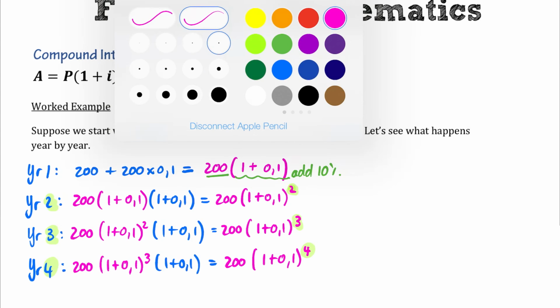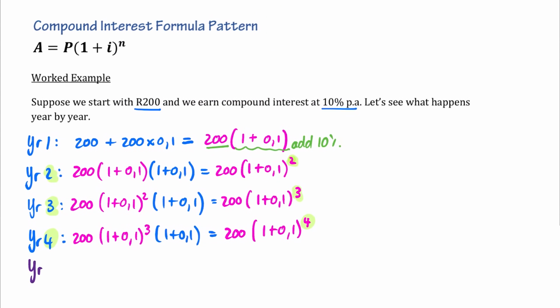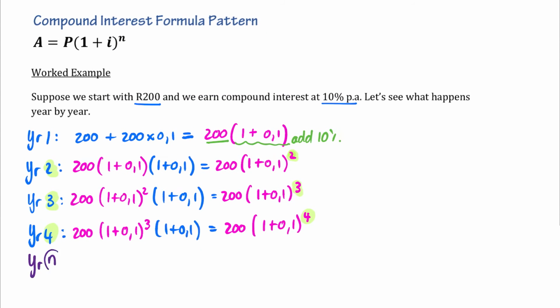So therefore, if we talk about the nth year, year n, remember n represents our time, we would always have this 200 Rand that stayed constant throughout. We always have a 1 plus 0.1 because this 1 represents our principal and the 0.1 represents our 10%.